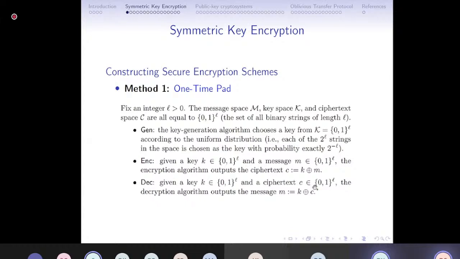Suppose that we want to download or send a particular movie, and the size of the movie is around 2 GB. For that we need to construct a 2 GB secret key, which is very difficult to store and maintain. So this is the actual problem behind the one-time pad.